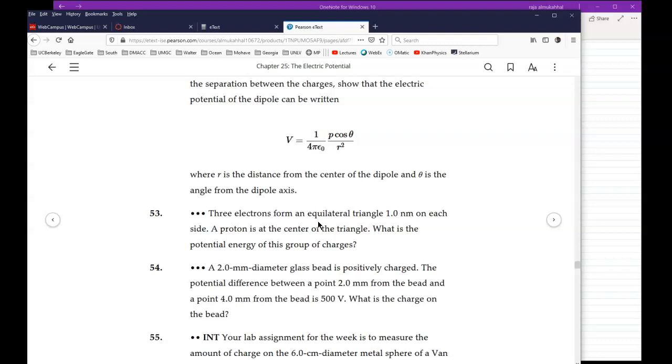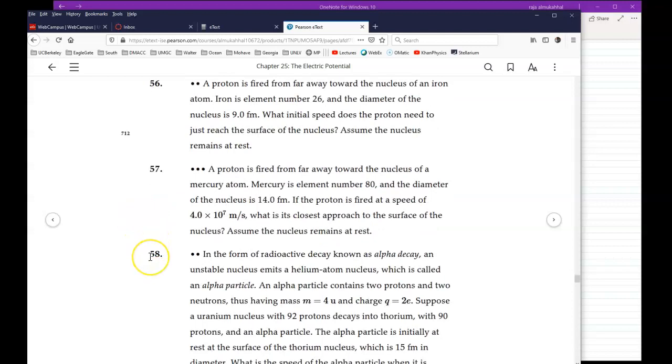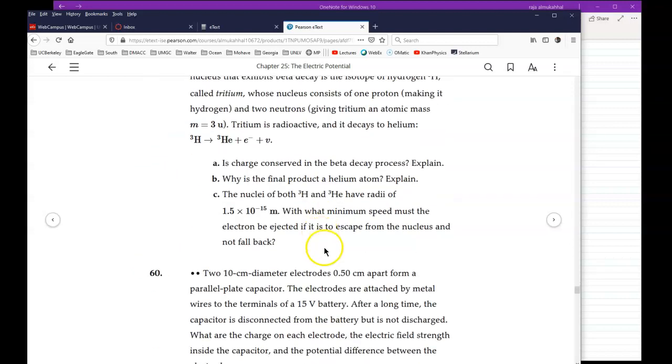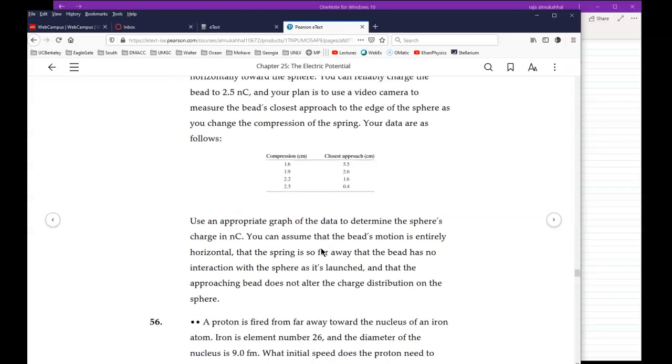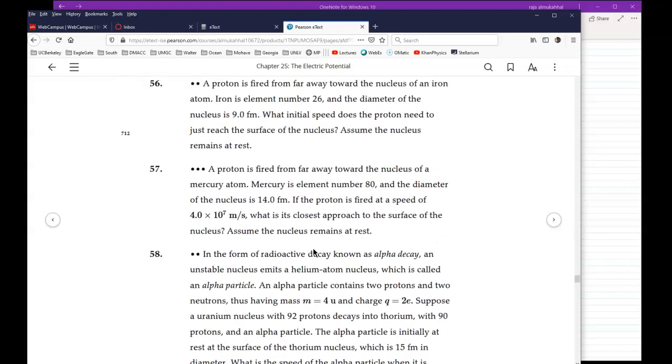Starting from problem number 56, 57, 58, and 59, these are all particle physics problems. I like to work on them. I'm not going to do all of them in class here, but I'll pick maybe a couple of them.